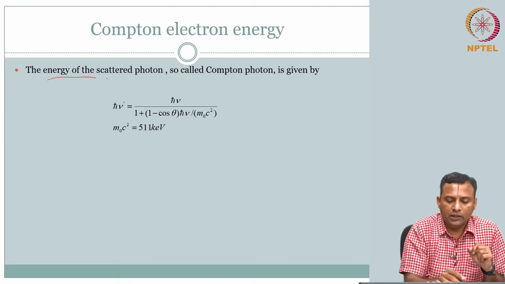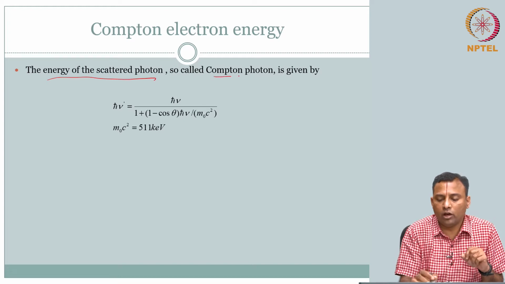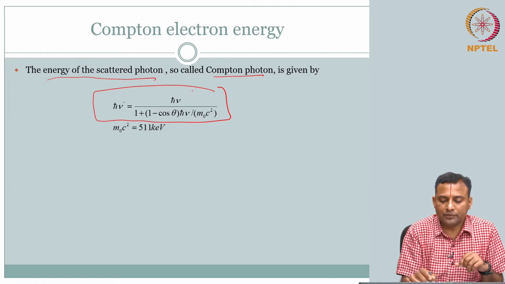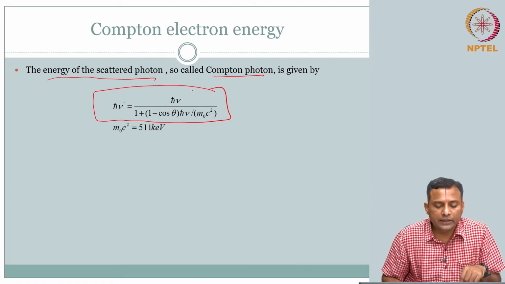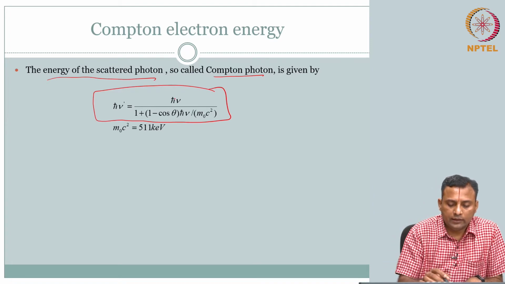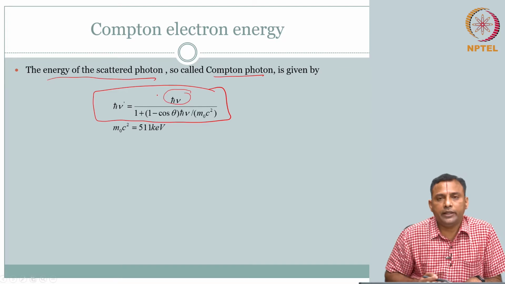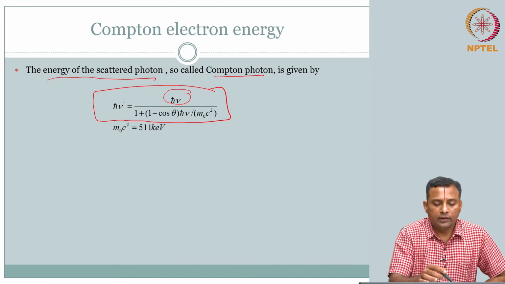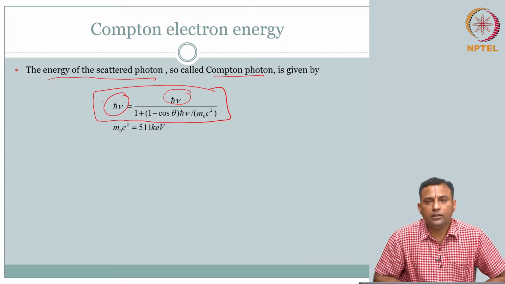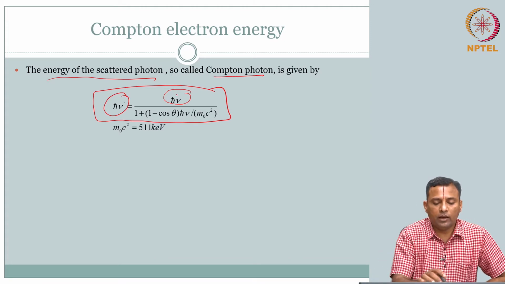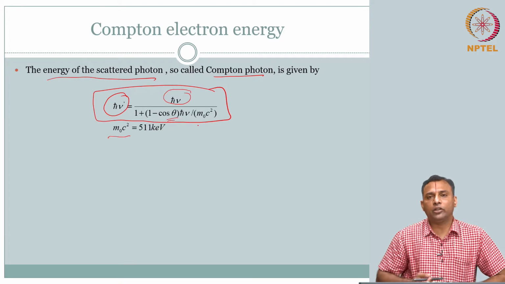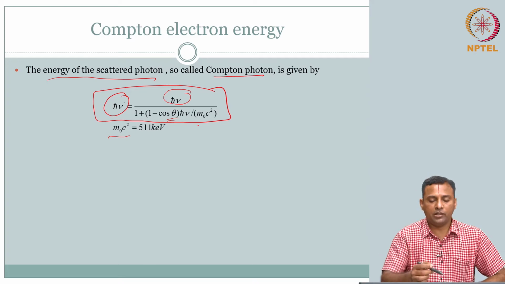The energy of the scattered photon, the so-called Compton photon, is given by this equation. What do you see here? This is the incoming h mu, the incoming photon, which had energy h mu. This is your Compton photon energy. Look at how these two are related. There is this theta. Of course, m naught c square you can calculate, that is the rest mass energy of your electron.